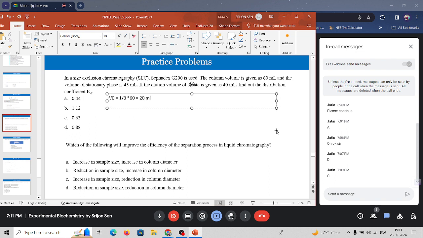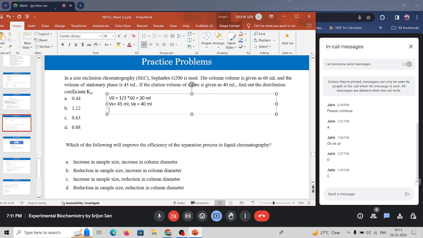Next, the volume of the stationary phase, Vs, is 45 ml. And VE is 40 ml. That is given.